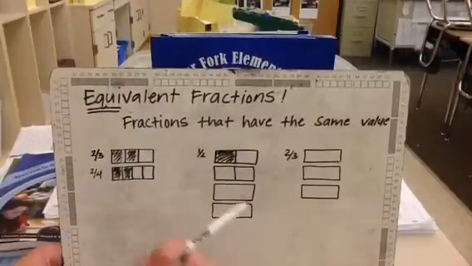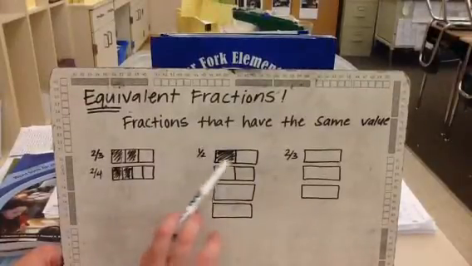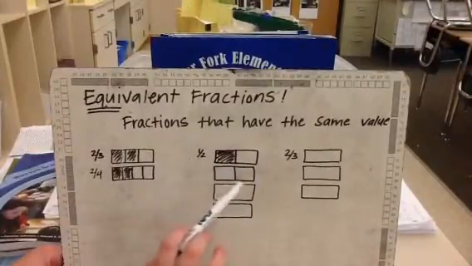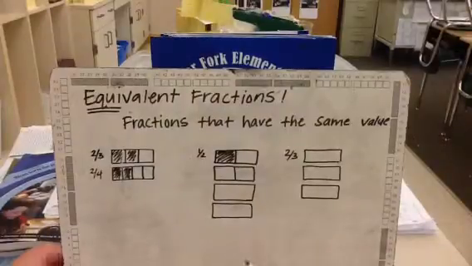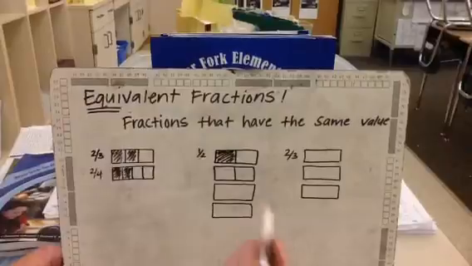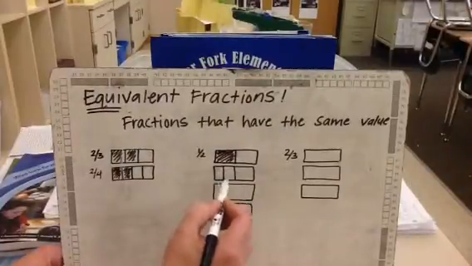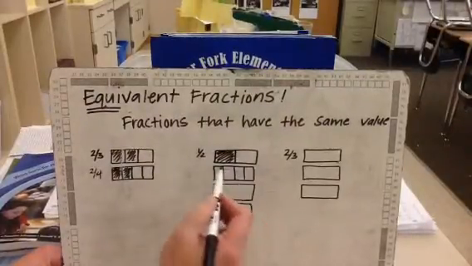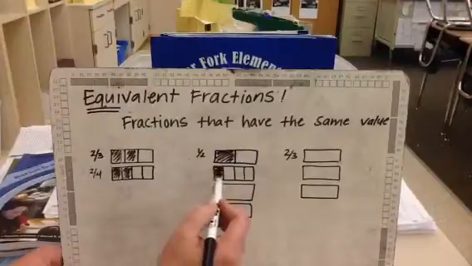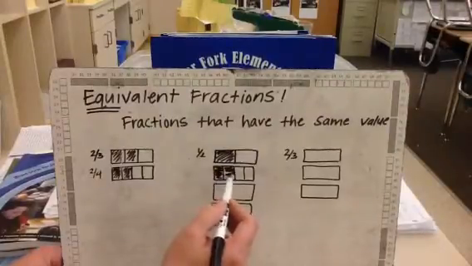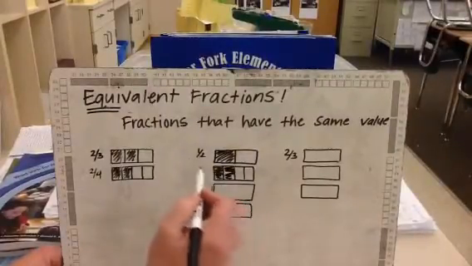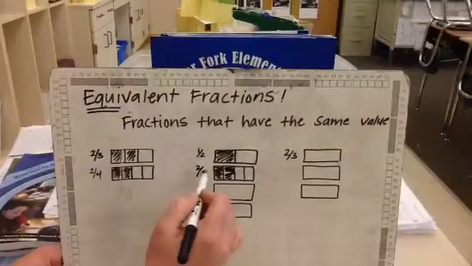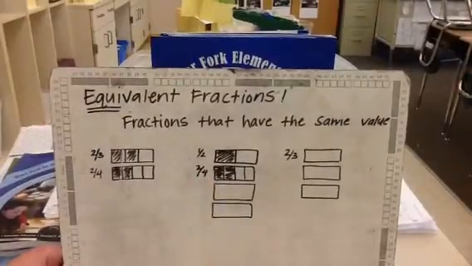I'm also going to think about halves. I want to use some units that work well with halves, which we've been noticing are fourths and eighths. So I'm actually going to split this into fourths, and then if I shade in the same amount, I can see that 2/4 is equivalent to 1/2.